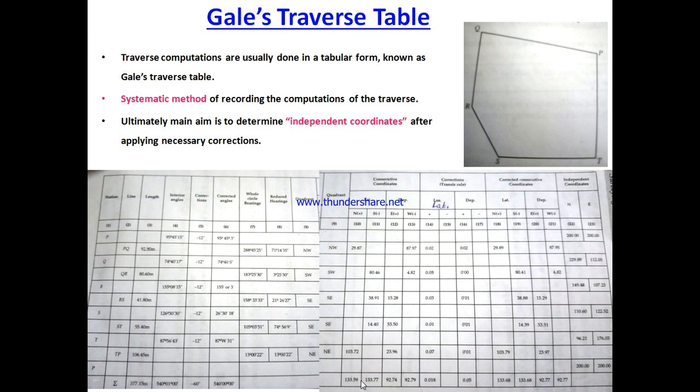So don't get confused here with the formula of transit rule, because we need to calculate two things. First is the arithmetic sum of the latitude, which will be the sum of these two values irrespective of sign, meaning 133.59 plus 133.77, which will be equal to somewhat 267.